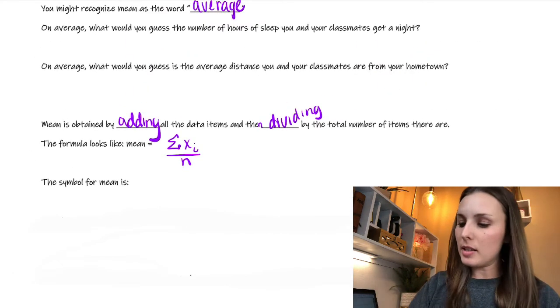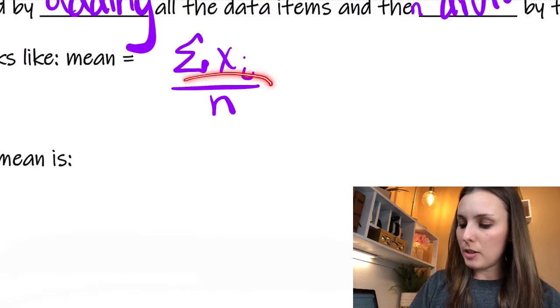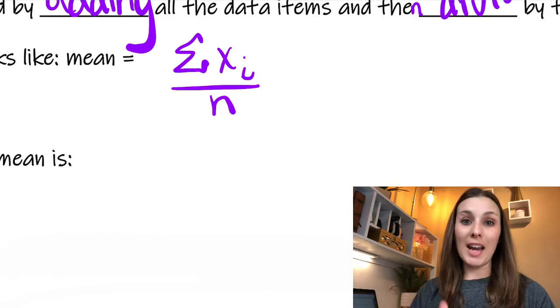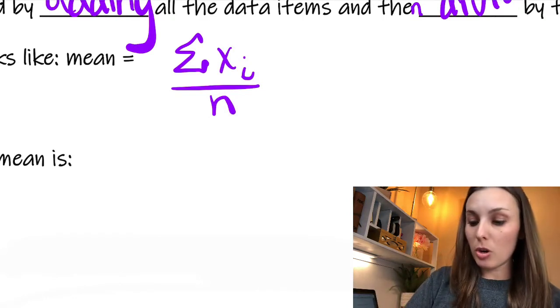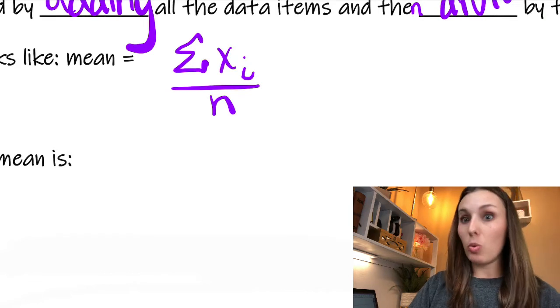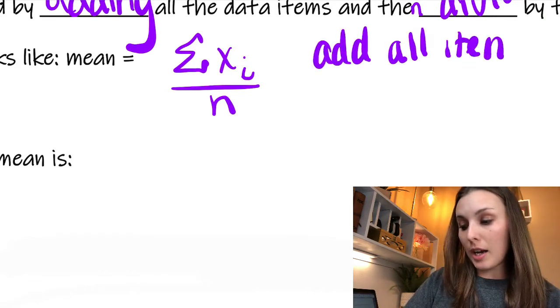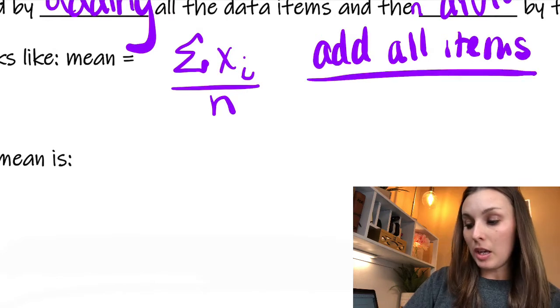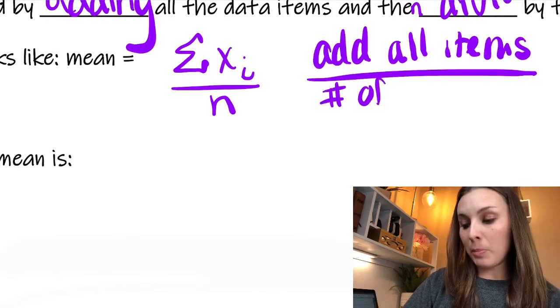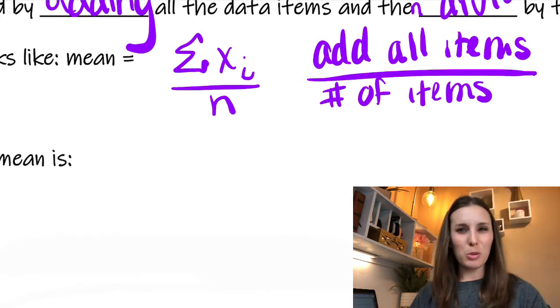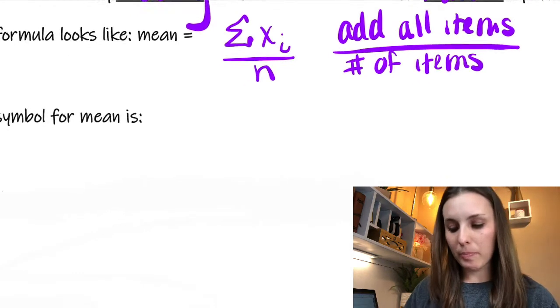And then it has this, divided by n, where n is the number of items in your set. So this means what it says above. Add all items, divide by the number of items or elements, would probably be a better word, but it's okay.